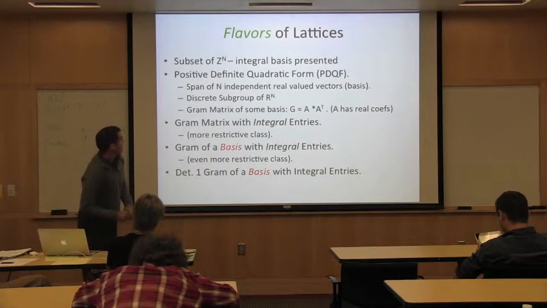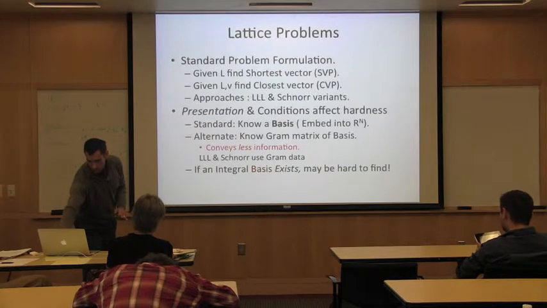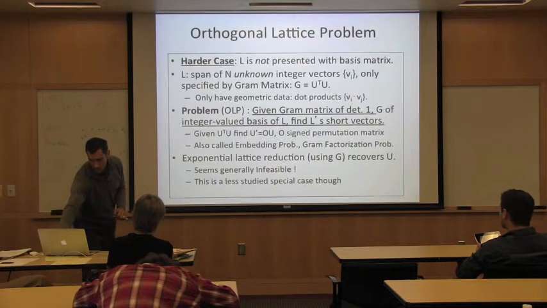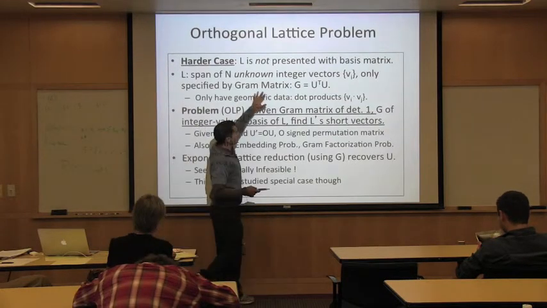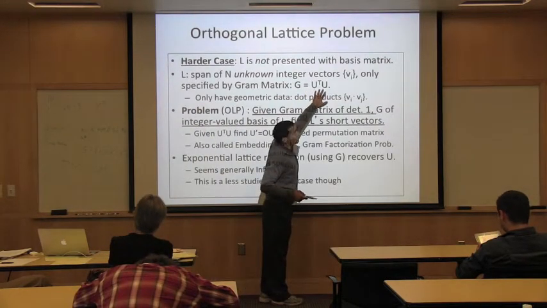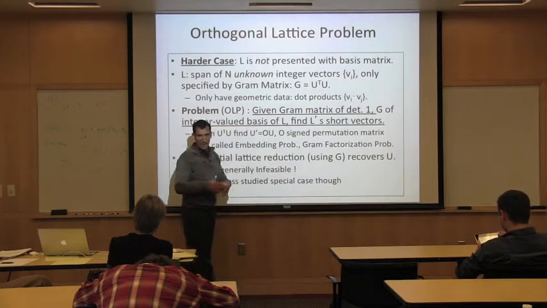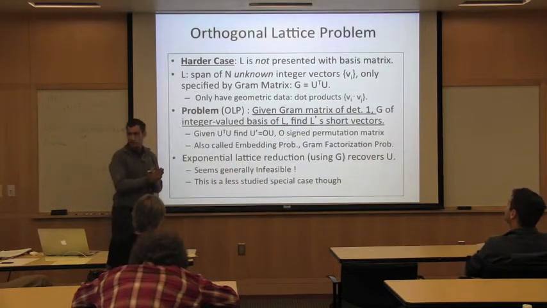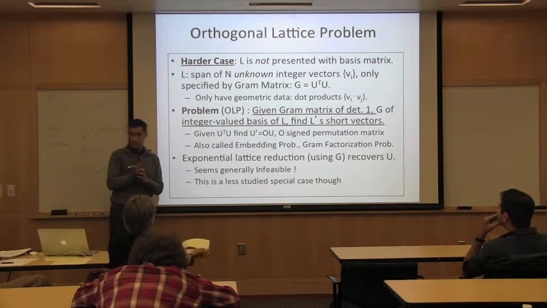In other words, let's just think about a lattice problem where you're given a Gram matrix only, and you want to find a basis. So somebody hypothesizes that there's n vectors u1 up to un, and gives you the Gram matrix of them.